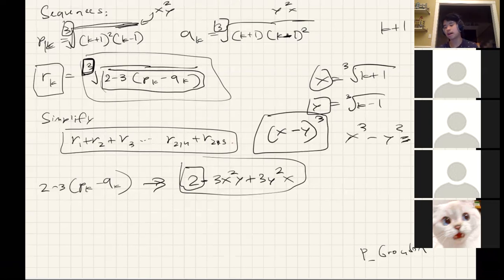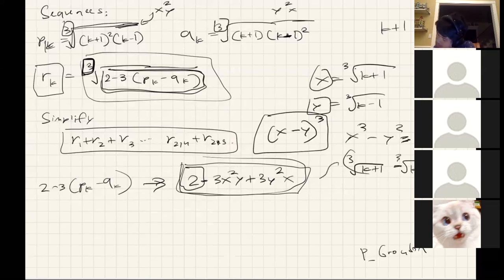So the problem has actually been magically contrived to make sure that this term inside the cube root evaluates to the cube of a term. And this term actually turns out to be the cube root of k plus 1 minus the cube root of k minus 1. That becomes this.